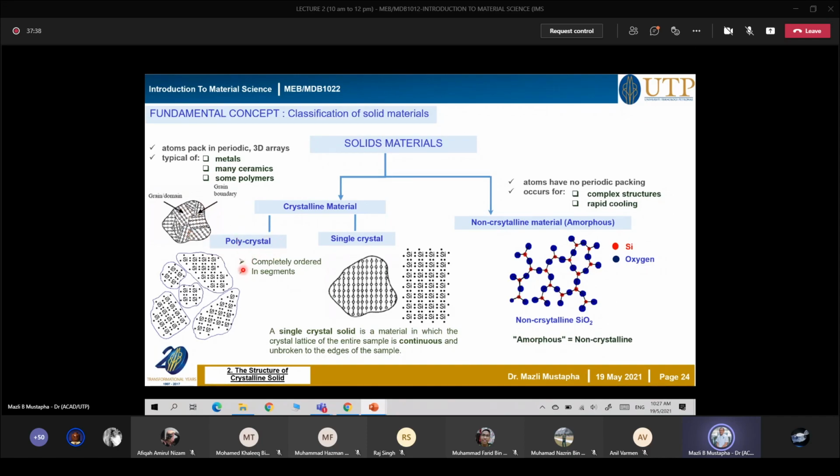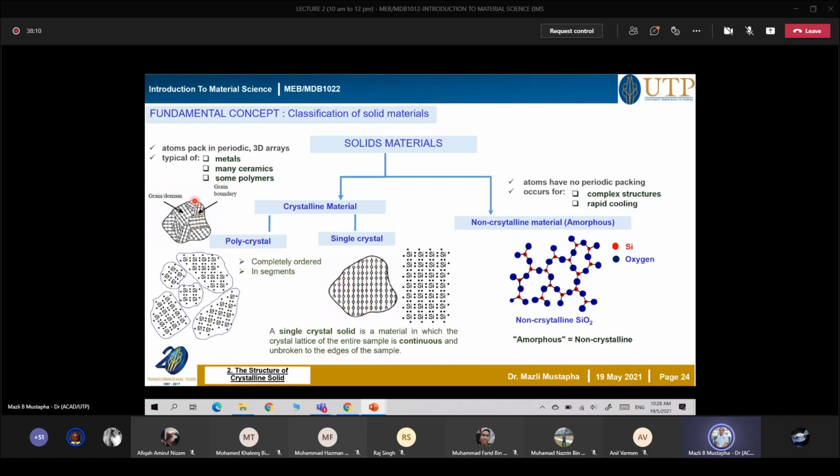Polycrystal means that we have many grain boundaries in the segment, with a completely ordered arrangement. If you draw like this, it's a good one. For single crystals, as you see, there is only one grain. It means a material in which the crystal lattice of the entire sample is continuous and unbroken to the edge of the sample.